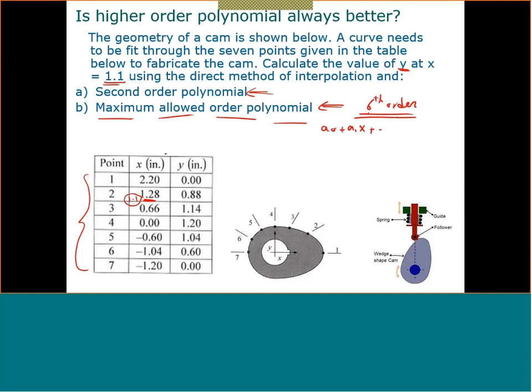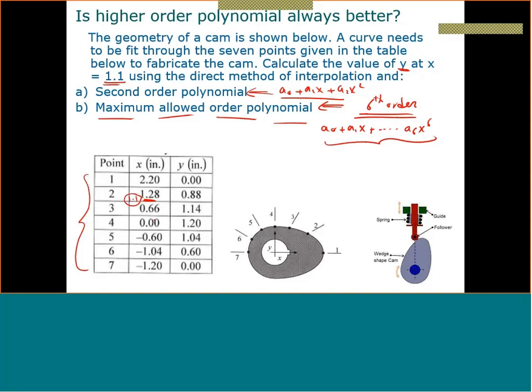So this is the order, while here it's just a0 plus a1x plus a2x squared. The difference is in where this will be defined. Now for this one, I will do it from 0 to 2.2. Okay, so this one is defined from 0 to 2.2.